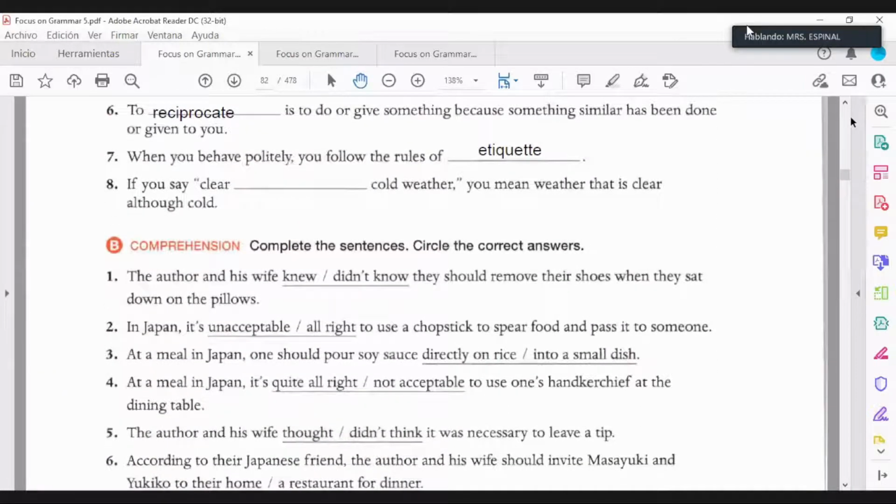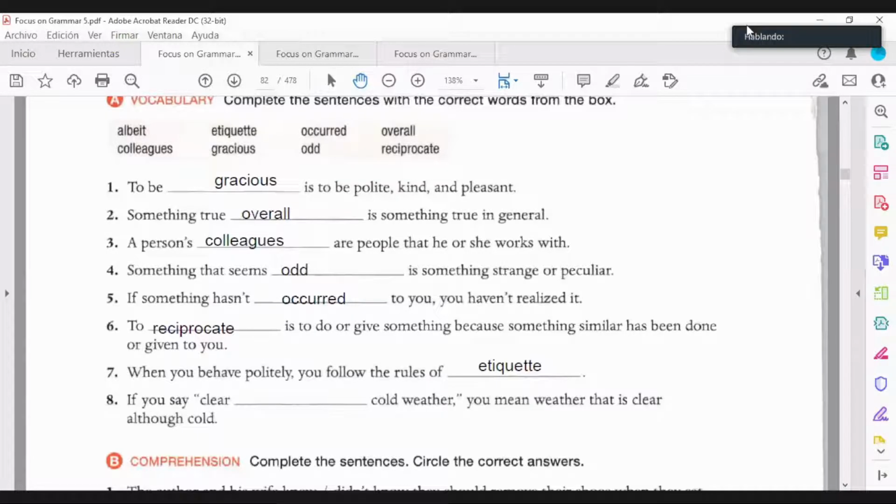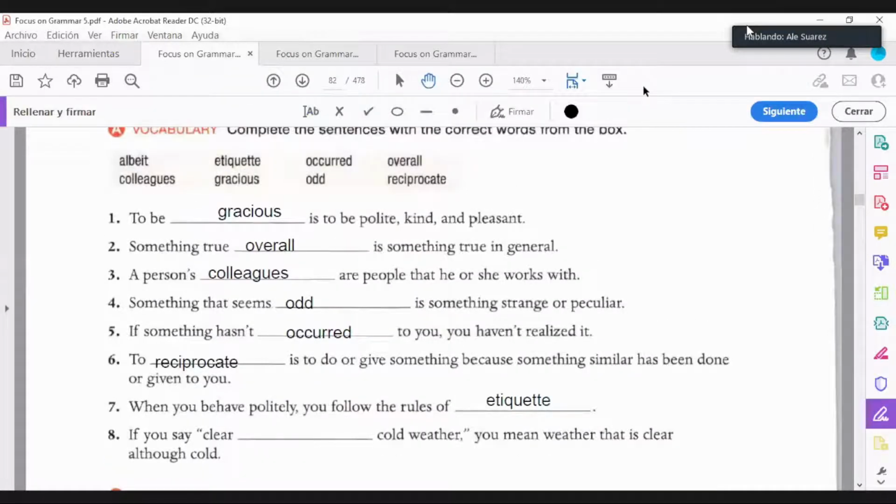If you say clear, cold weather, you mean weather that is clear although cold. All right. Okay.